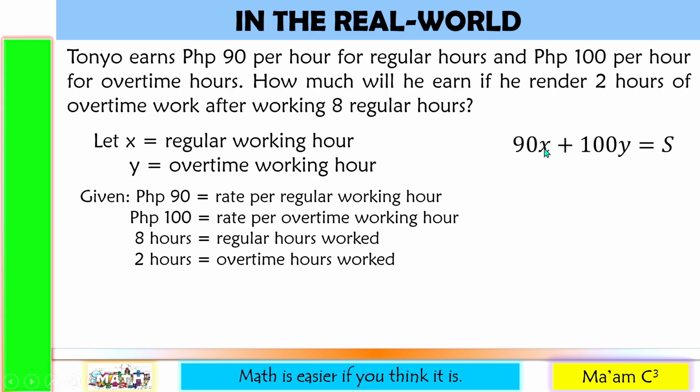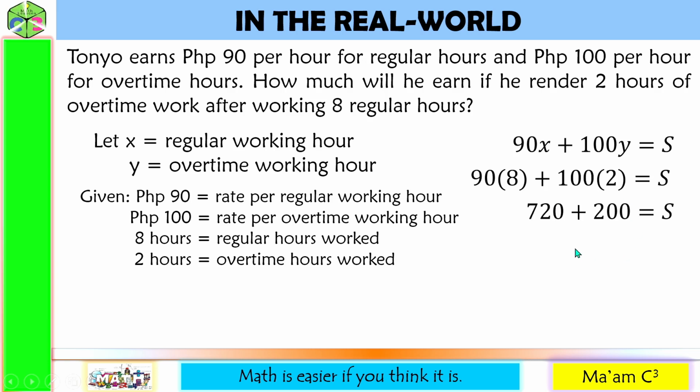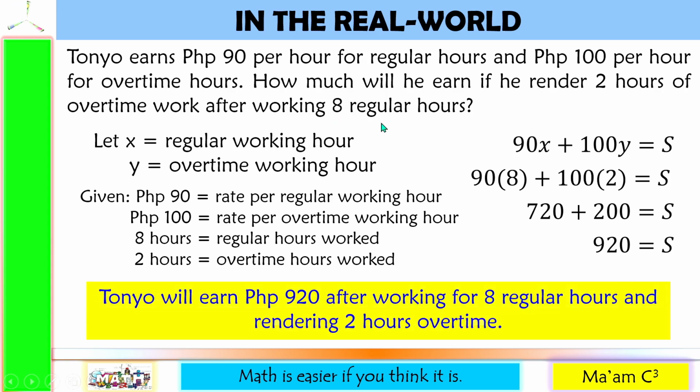Let us substitute 8 for x and 2 for y. 90 times 8 is 720. 100 times 2 is 200. 720 plus 200 is 920. So this means Tonyo will earn 920 pesos after working 8 regular hours and rendering 2 hours overtime.